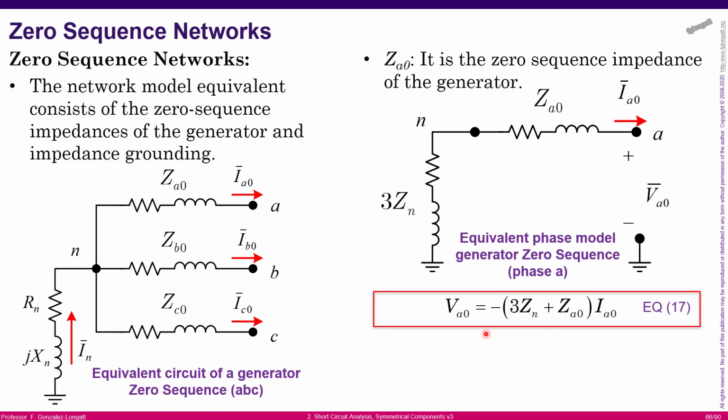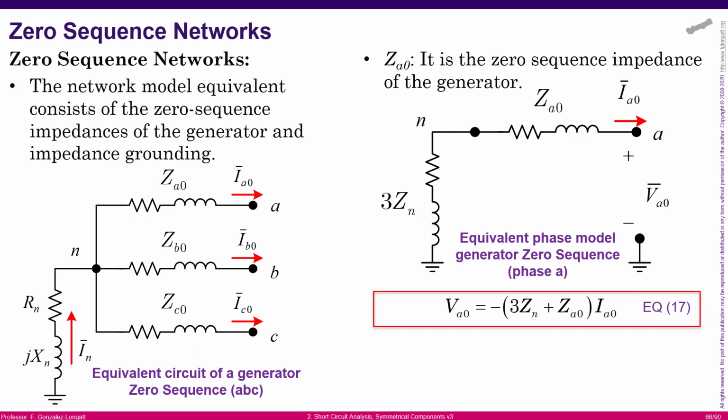Finally, the most important step. The most important step is the model for zero sequence. This model is extremely important, and I need my students to understand something very important. Zero sequence means that the zero sequence currents here, there, and there, you must remember from properties, have the same magnitude and there is no phase angle between them, okay?